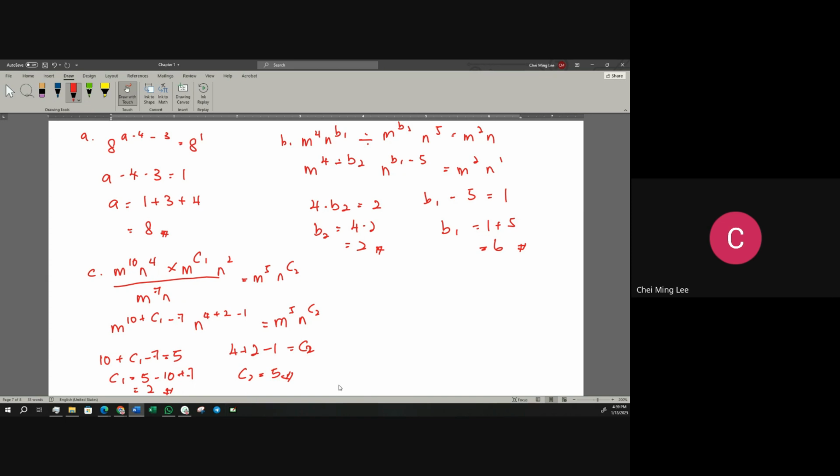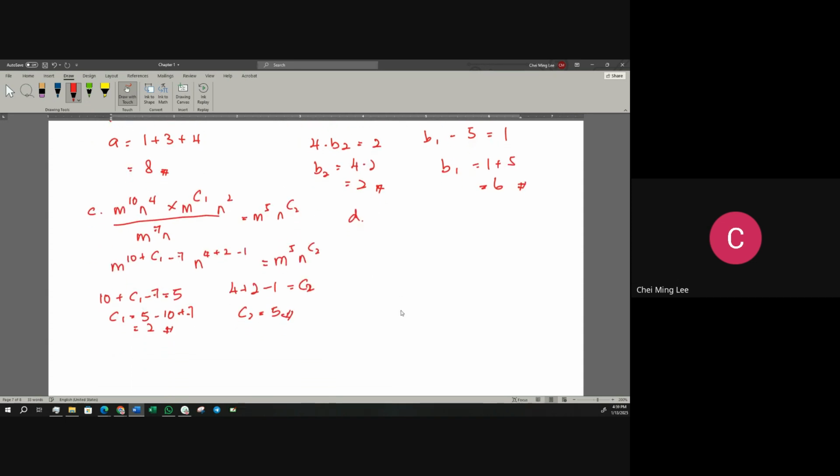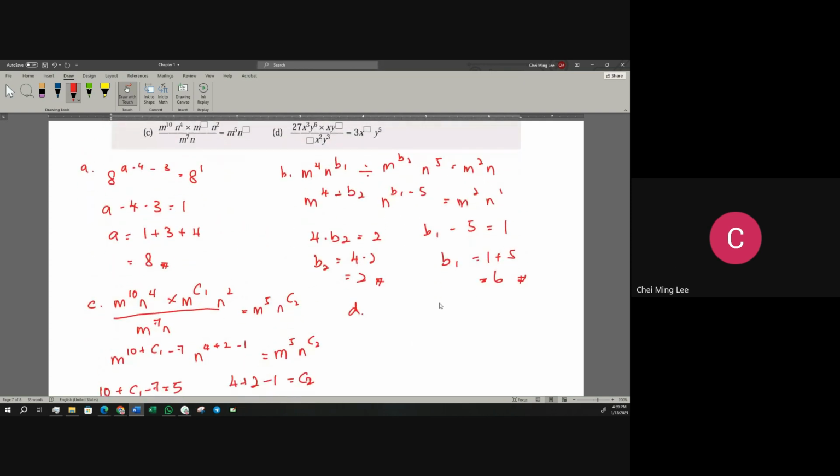Then for D, now 27x to the power of 3, y to the power of 6 multiplied by x y power of d1, divided by d2 x power of 2 y power of 3 equals to 3x power of d3 y power of 5.